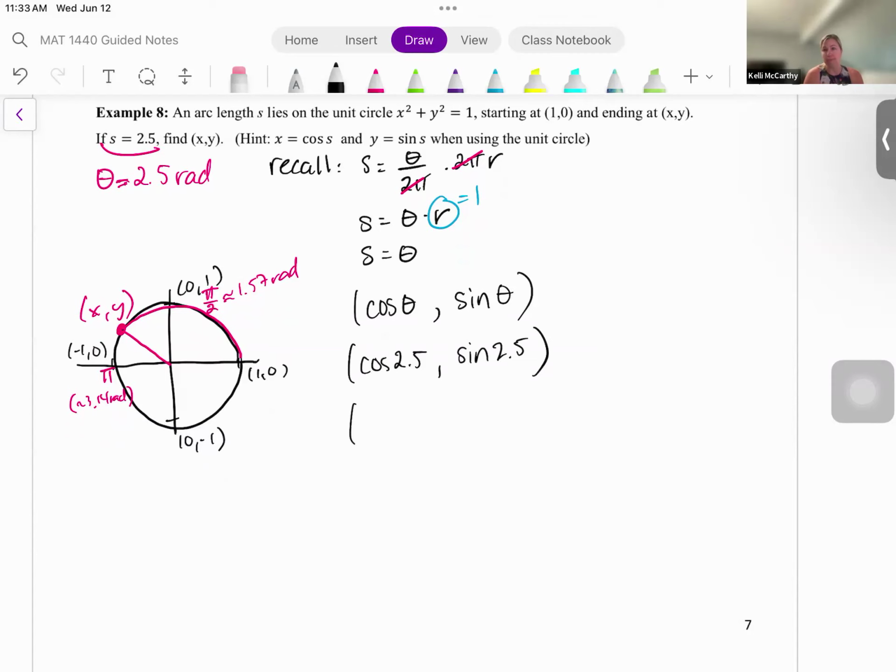Again, make sure that your calculator is now switched to radians. This is negative 0.8011, and our y value is 0.5985. A negative x and a positive y are the signs for any ordered pair in the second quadrant.